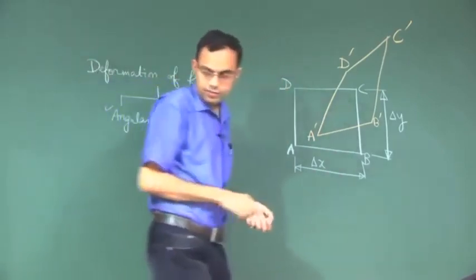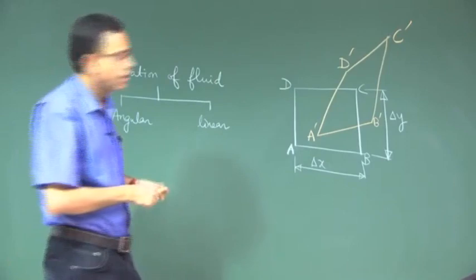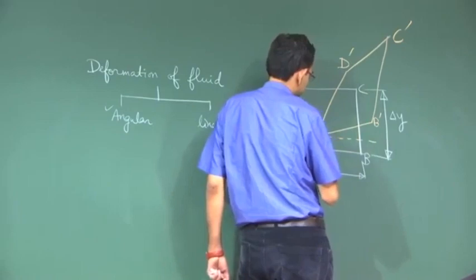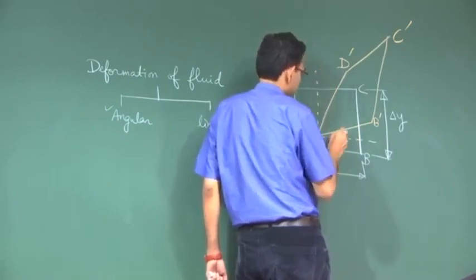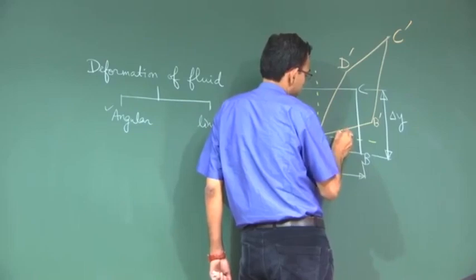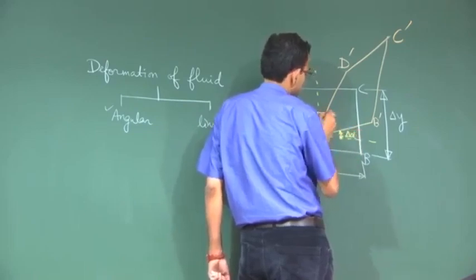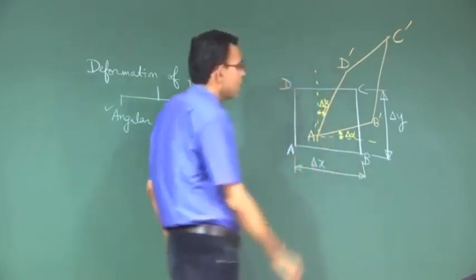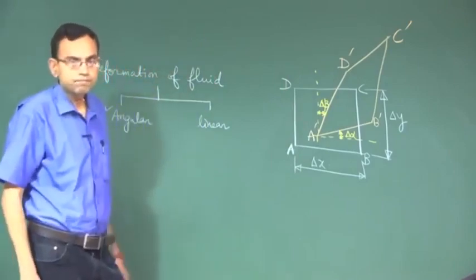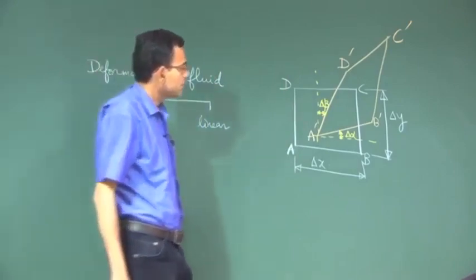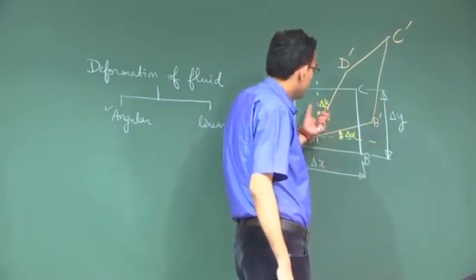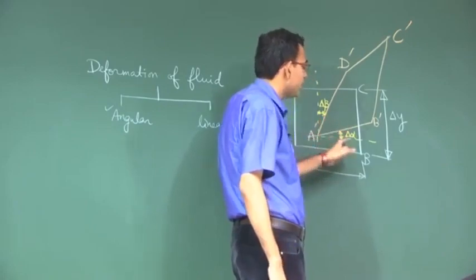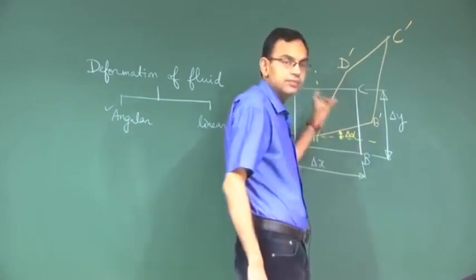So, this deformation is well defined by these angles, delta alpha and delta beta. The issue of angular deformation is essentially to quantify the rate at which these angles are changing.